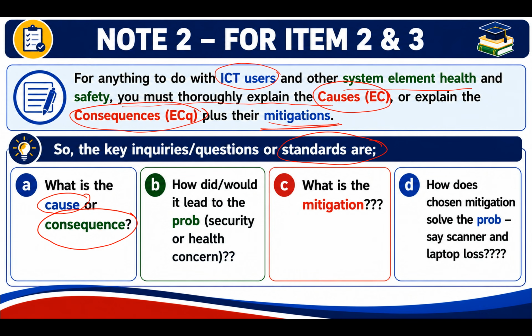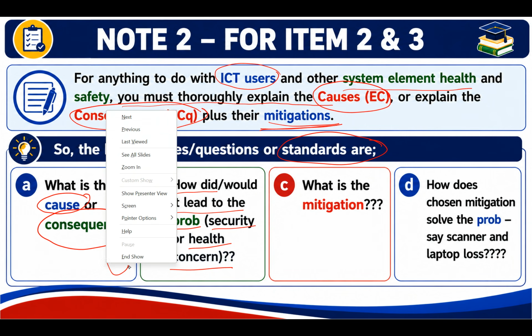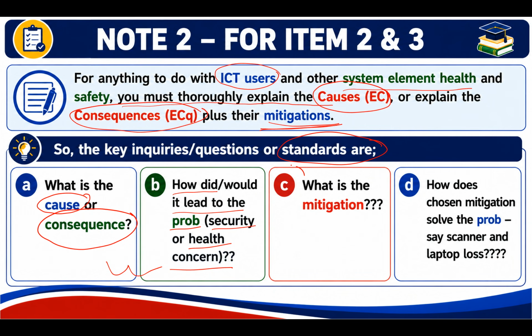Then, after bringing out the cause or consequence, how did or would it lead to the problem? The problem can be security or a health concern. Then, after explaining these two, provide a mitigation there and then. Provide a mitigation and then explain how the chosen mitigation solves the problem. So we need to see that well brought out.